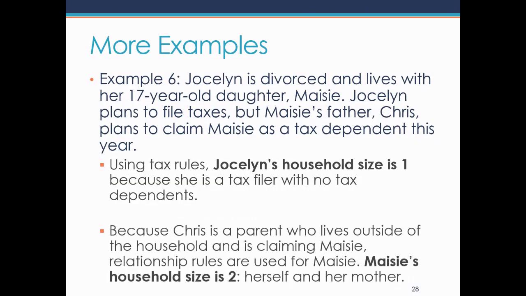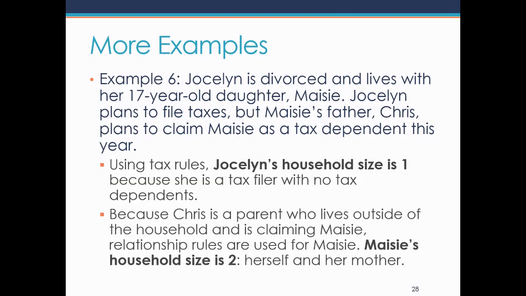Because Chris is a parent who lives outside of the household and is claiming Macy, relationship rules are used for Macy. Macy's household size is 2, herself and her mother. Starting at the top of the handout, is Macy expecting to file taxes? No. So we go to step 3. Is anyone else claiming her as a tax dependent? Yes. Is the tax filer her parent or spouse? Yes. Does she live in the household with both parents who are not filing taxes jointly? No, both parents don't live in the home.